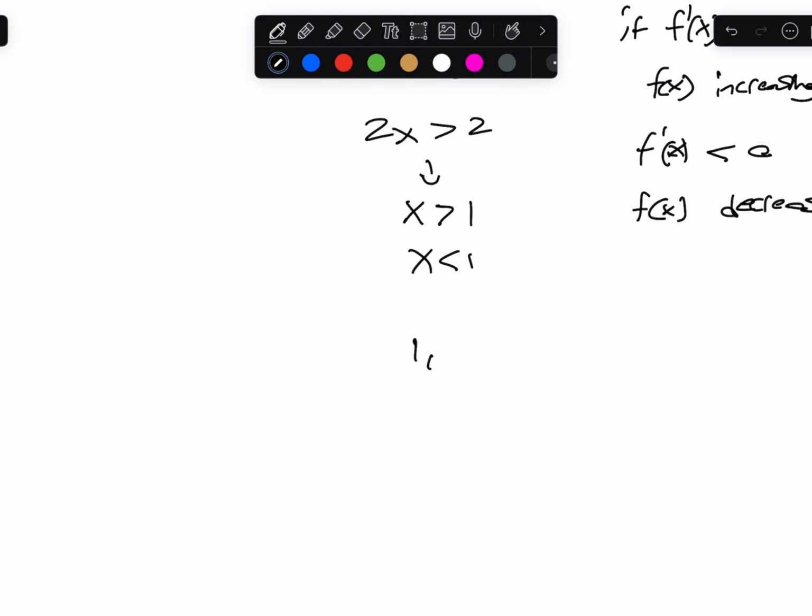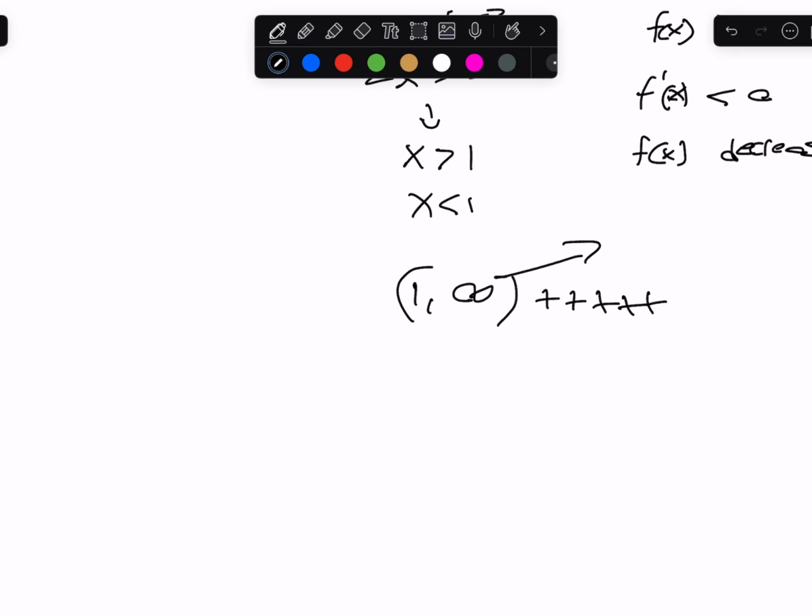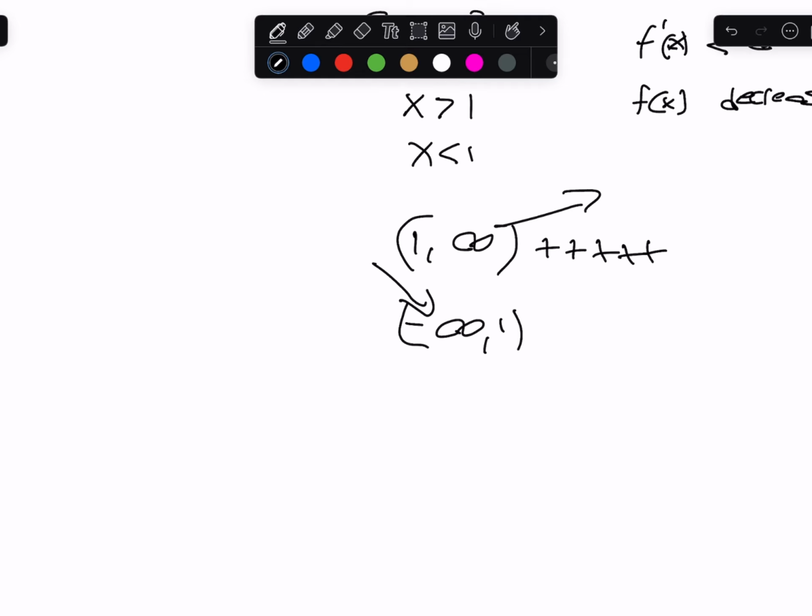So at the interval 1 comma infinity, our function will be increasing. And at the interval negative infinity comma 1, our function will be decreasing.